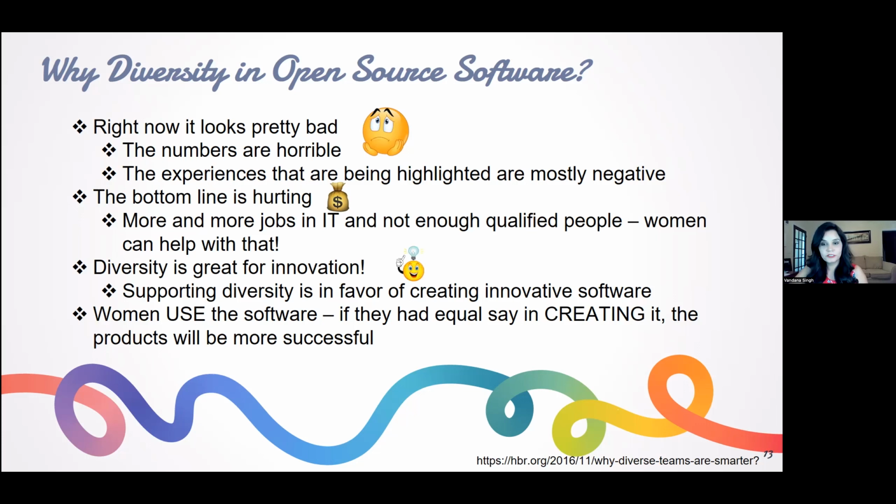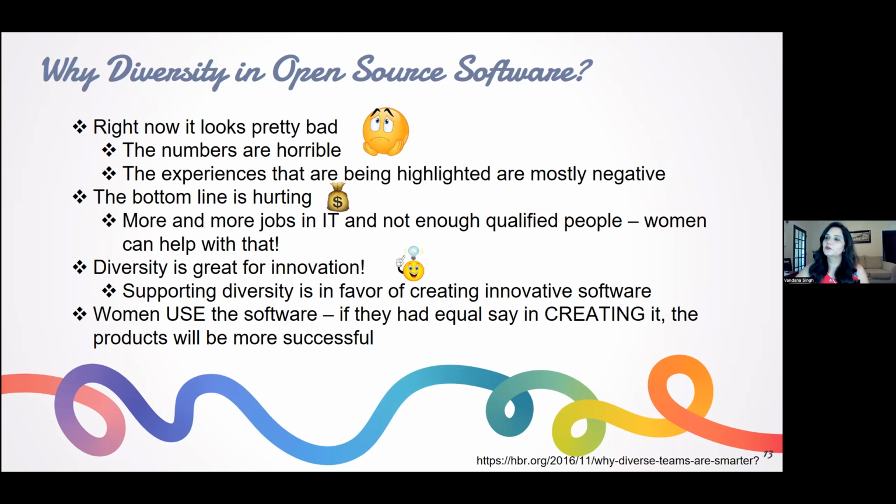And of course, we've looked at diversity. We were talking about this in the Jamboard a little bit: diversity is great for innovation, and supporting diversity favors creating innovative software. The big thing for me is that women are using the software. If we had an equal say in developing the software and the products, they would obviously be more successful.